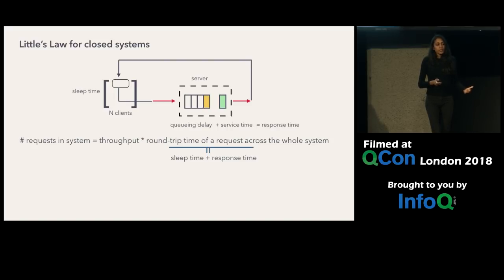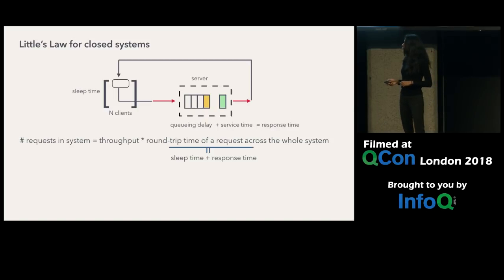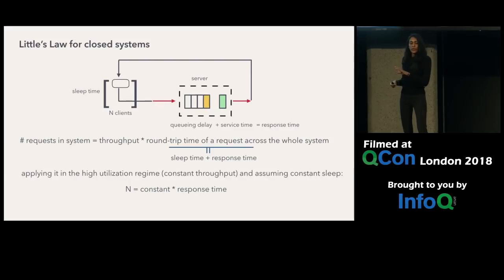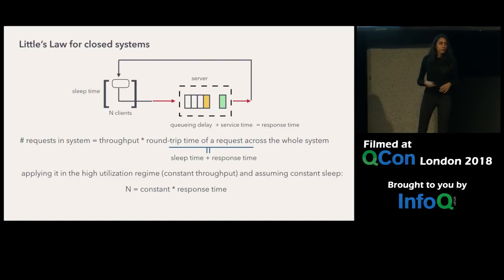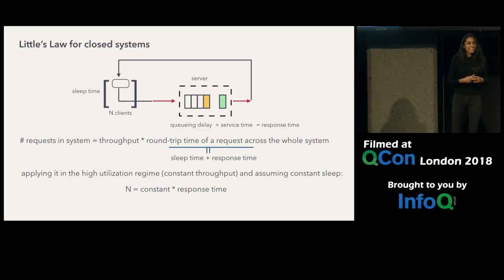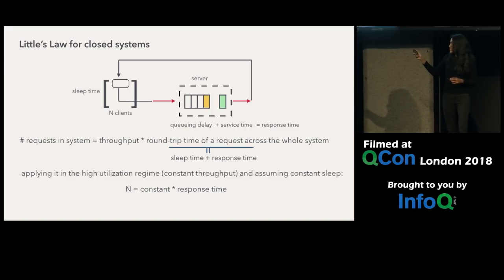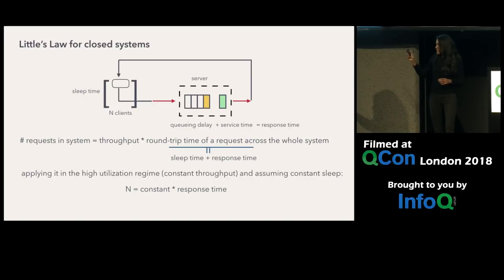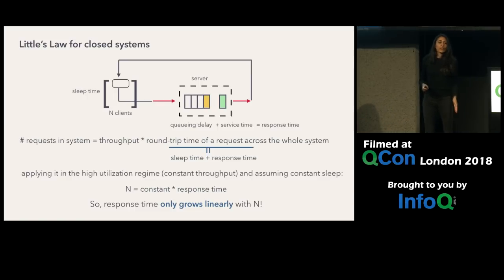We're also assuming that the sleep time is constant, so this formula simply becomes the number of requests in the system, which has to be equal to n because we have n clients, and this is simply equal to a constant times the response time. Does this make sense? What this is telling us is that the response time only grows linearly with n. It doesn't grow unbounded.